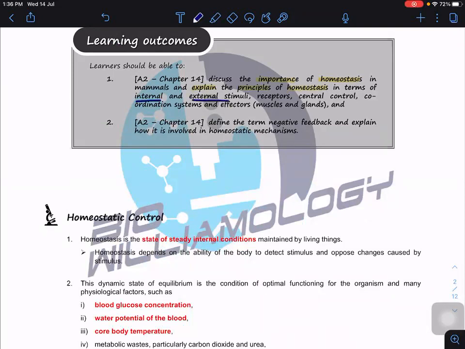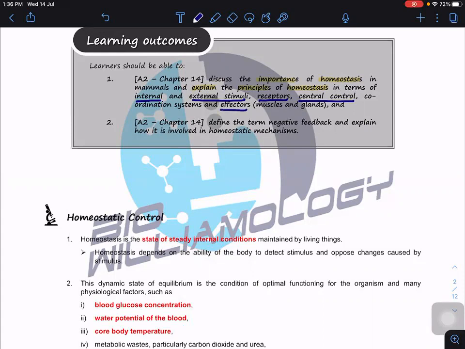internal and external stimuli, receptor. Very important for the receptor to actually receive this stimulus. Okay, when it detects the stimulus, then it has to send the input to the central control. Okay, central control, and this central control is going to send a message to the effector.